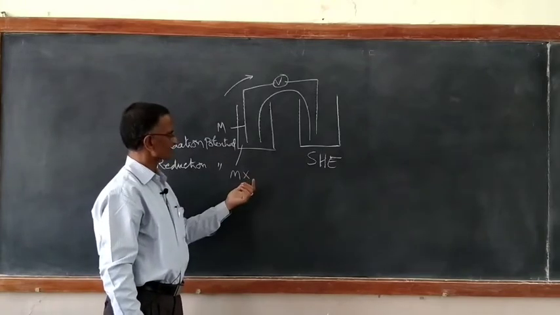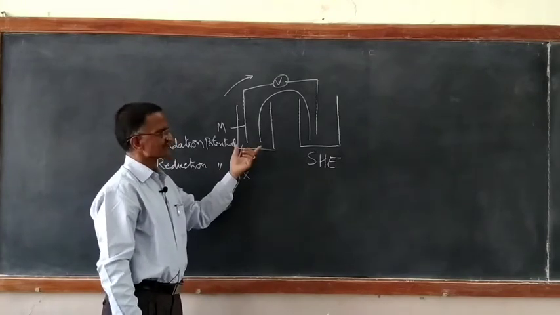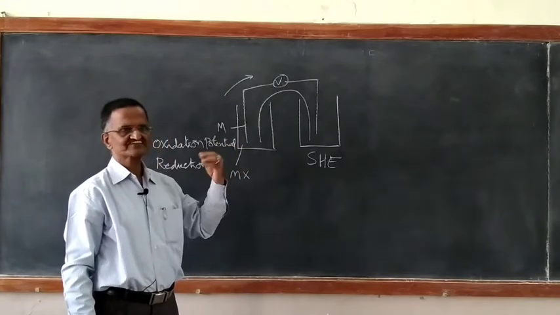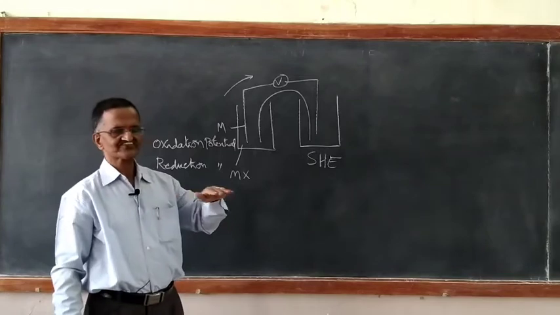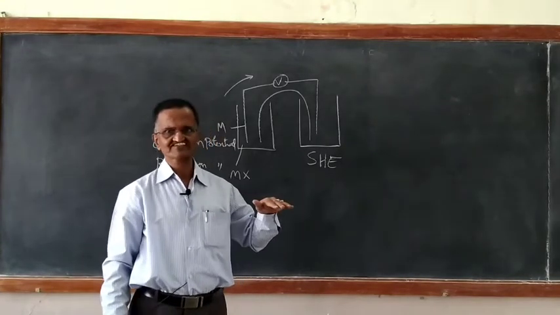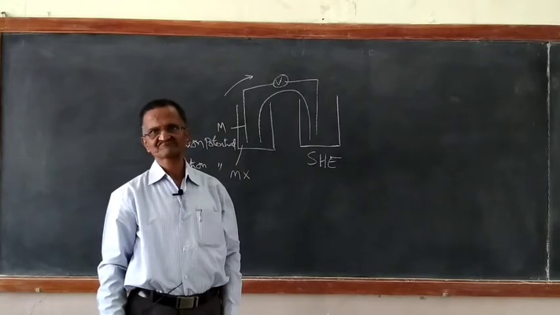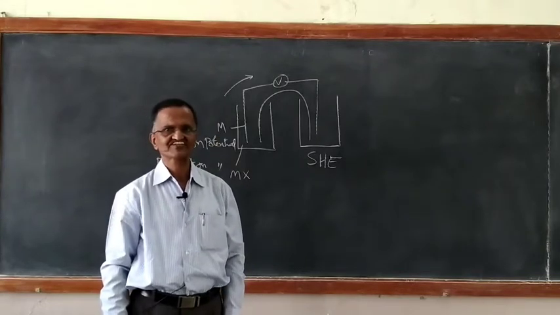And now, if I have two metals, two different metals, dipped in their salt solution at 25 degrees Celsius, 1 molar concentration, how much voltage am I going to derive from that? This is fine.